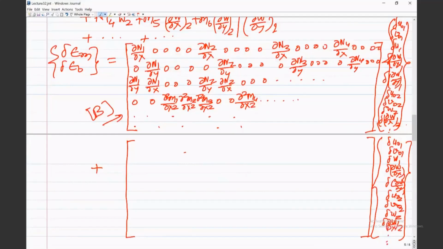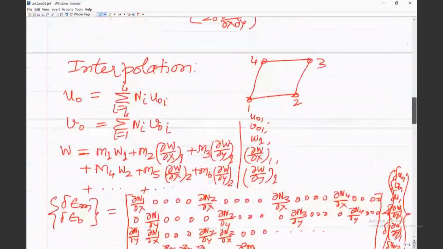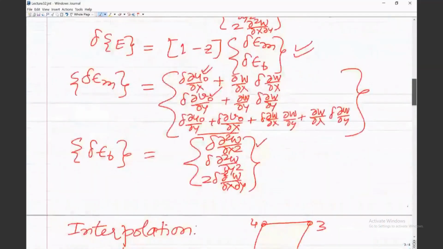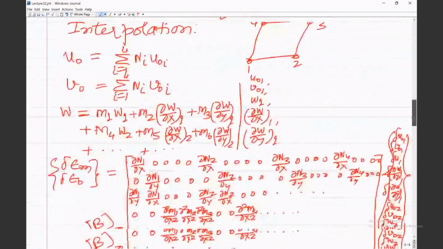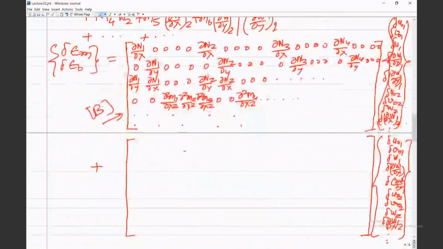So now the nonlinear terms, if you look at, they are there only in the membrane strain epsilon m. So if you look at the delta epsilon b, there are no nonlinear terms. There are only linear terms. But here we have, so this is a nonlinear term in the x component, this is a nonlinear term in the y component, and these are in the xy component. So now we will write this as 0, 0. u and v do not contribute. And then we will have derivative with respect to x.